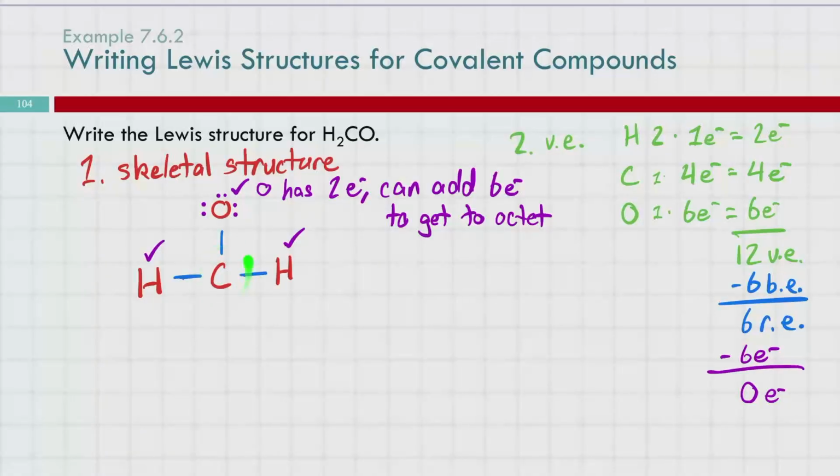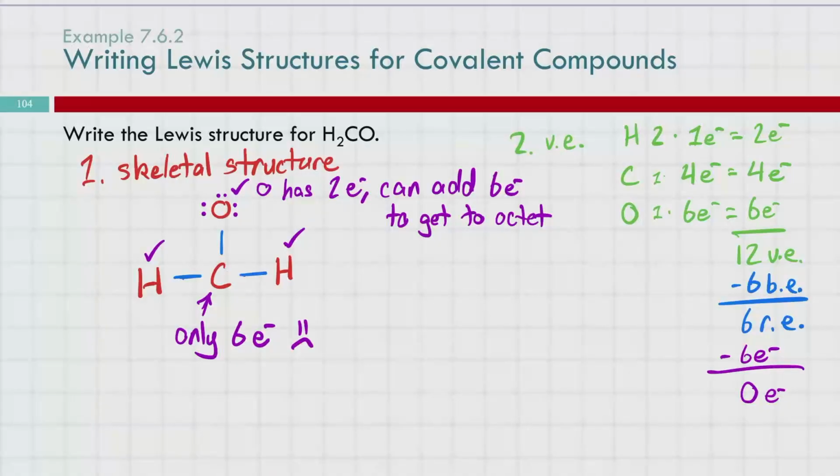Does our carbon have an octet? It does not. It has 3 bonds with 2 electrons each. Only 6 electrons. Carbon is not happy.